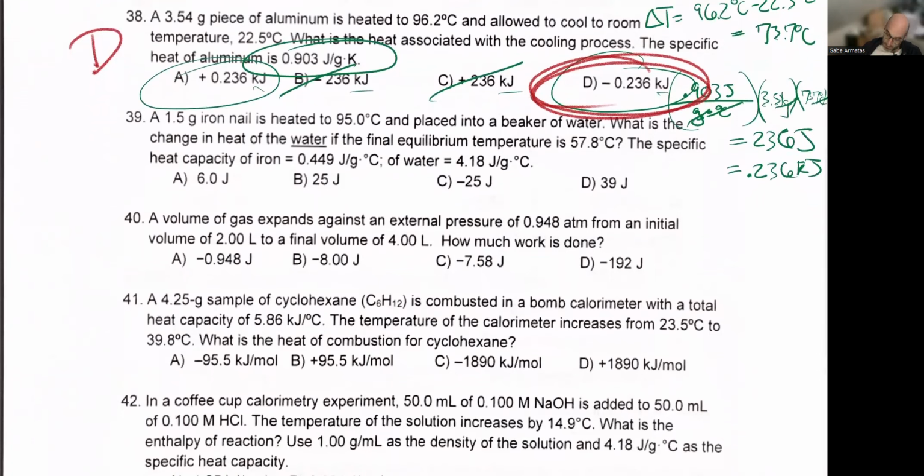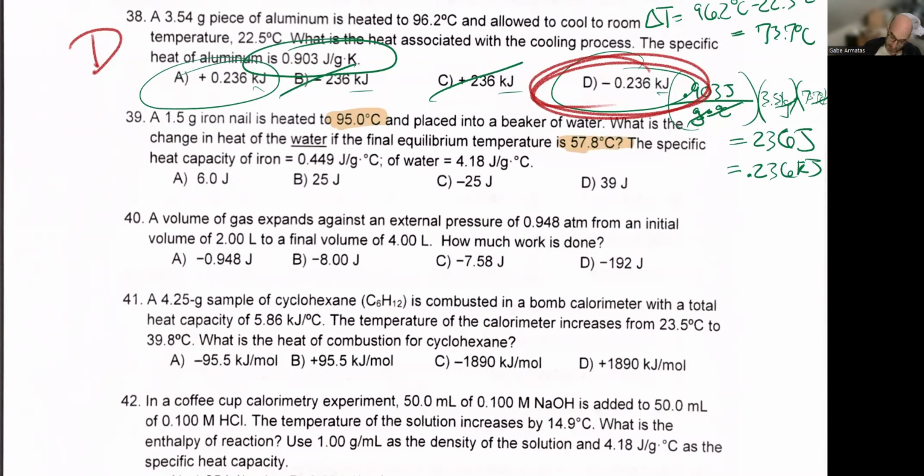This is the same type of question. Okay, so 1.5 grams of iron heated to 95, placed in water. The change of water, final equilibrium temperature, the specific heat capacity of those two things. What is the overall heat transfer of this? So initial temperature, final temperature.